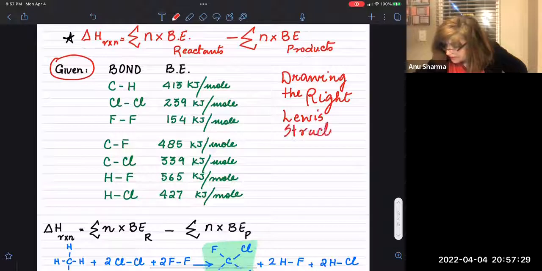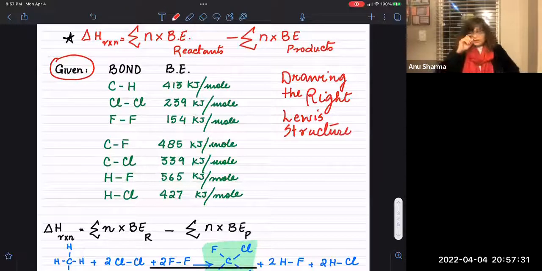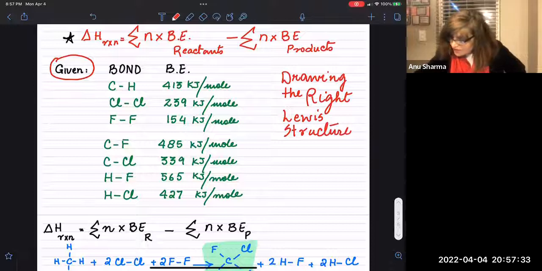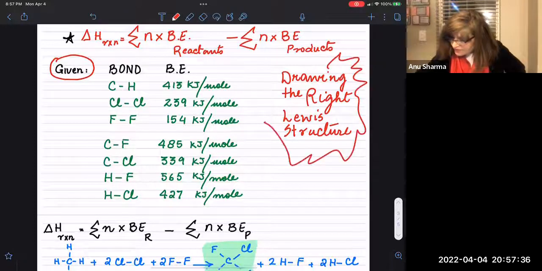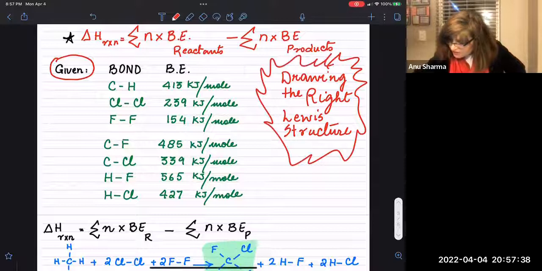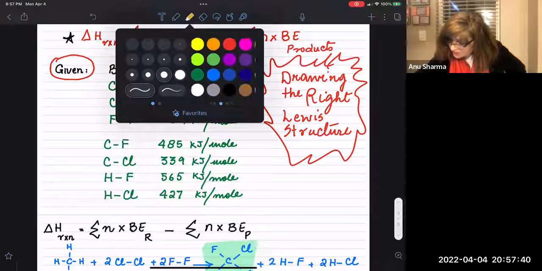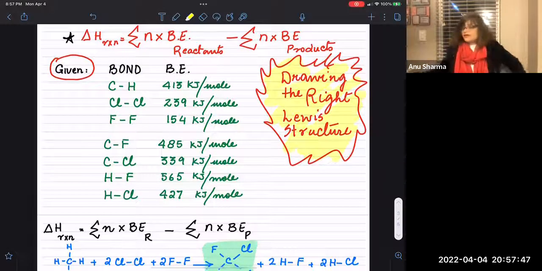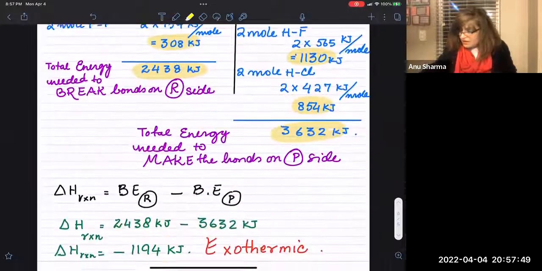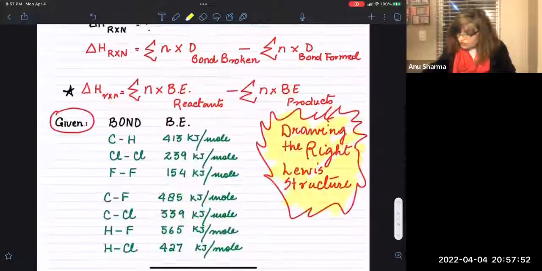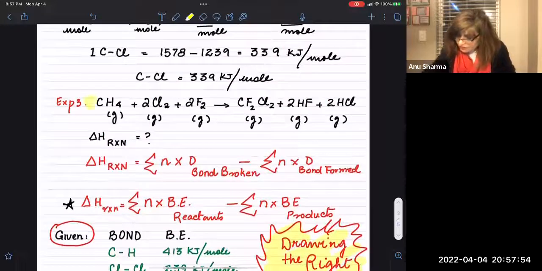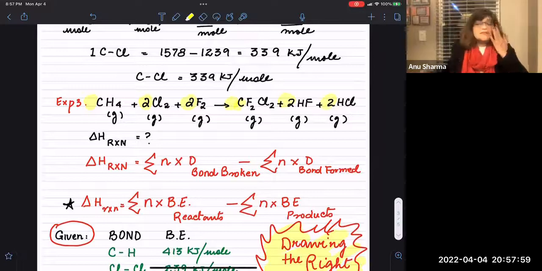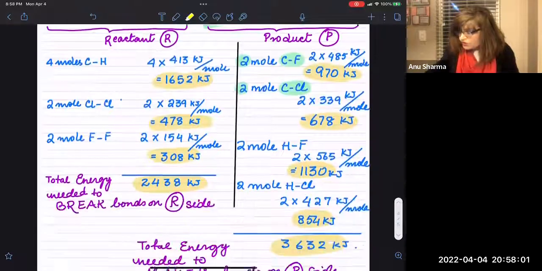If the Lewis structures are wrong, then you can't get this whole thing right, so this is the most important thing. Make sure you draw the right Lewis structure so that you have the right values. Balancing is also important; if the balancing is not done right, this type of problem doesn't work. The rest is just addition.